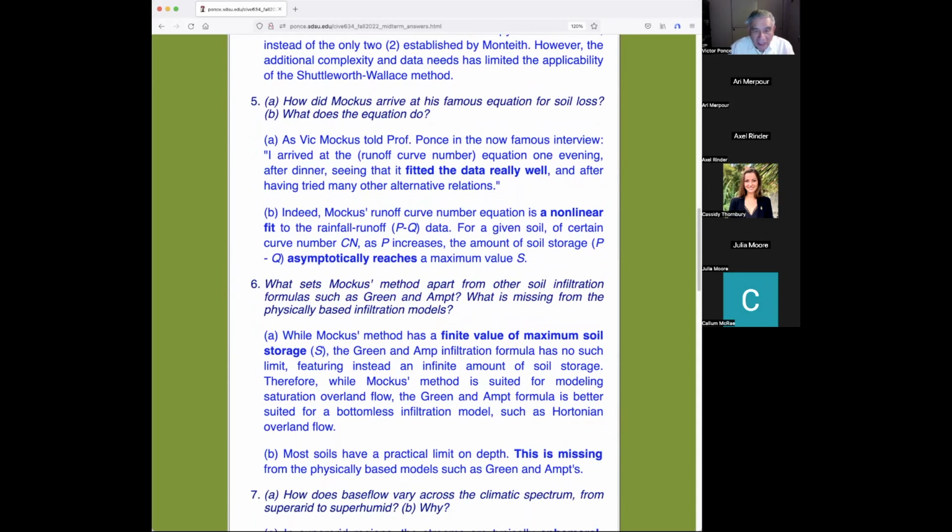So that's the answer. Number 6, what sets Marcus's method apart from other soil infiltration formulas such as Green-Ampt? What is missing from the physically based infiltration models?